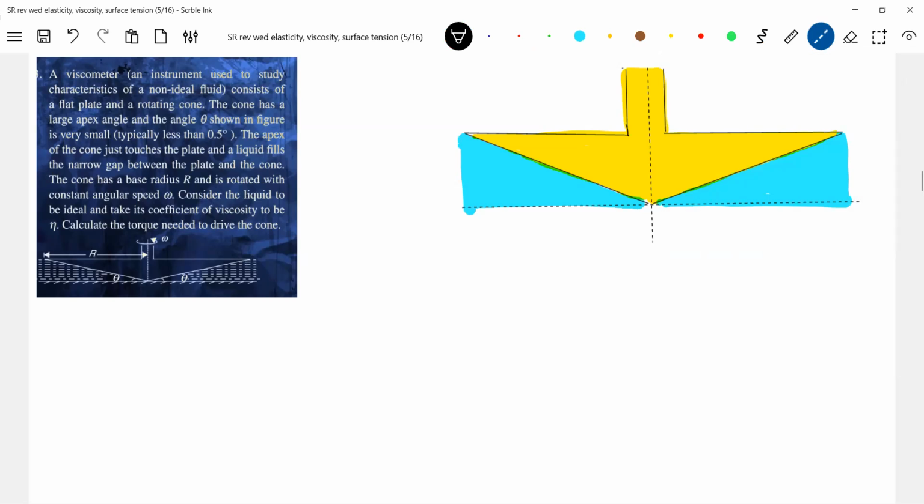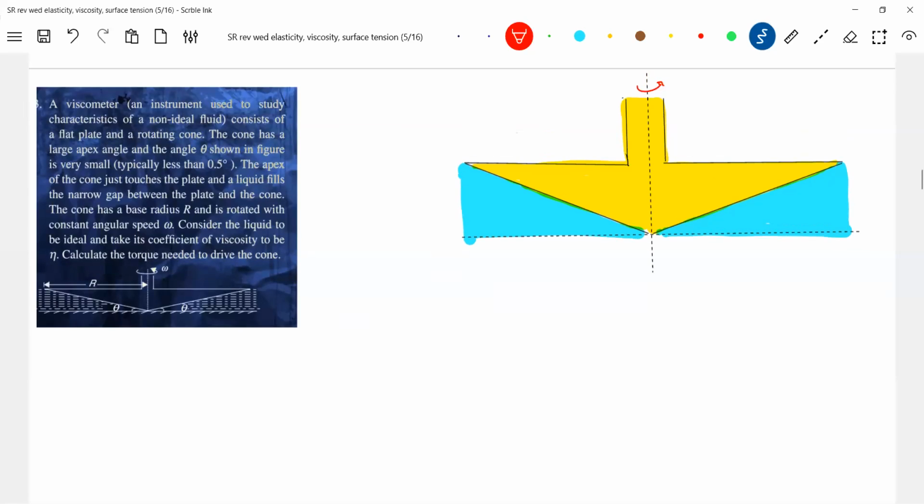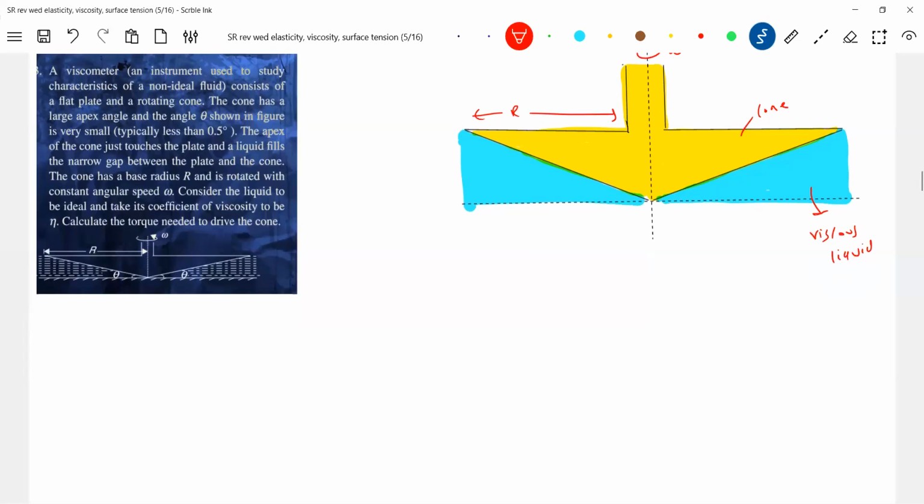Okay, I finished my diagram. So this is omega, radius r, and theta is also given. This is a viscous liquid, and this is the cone. Typically less than 0.5 degrees settling.